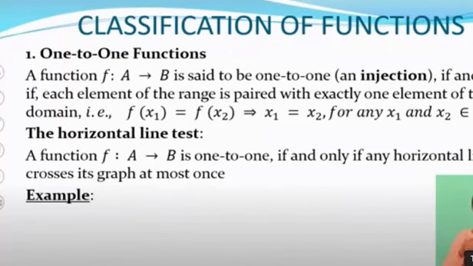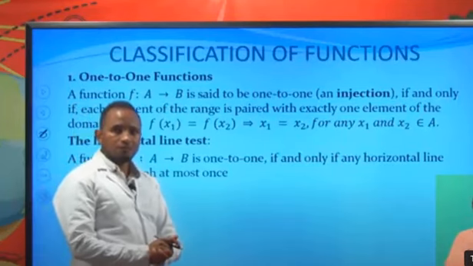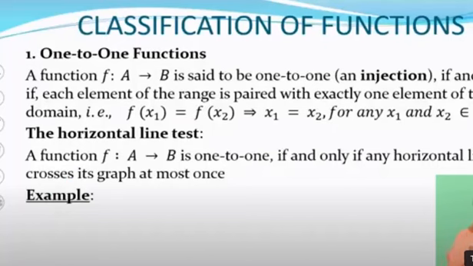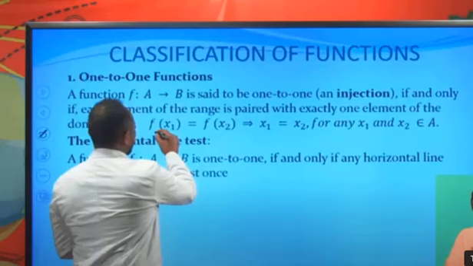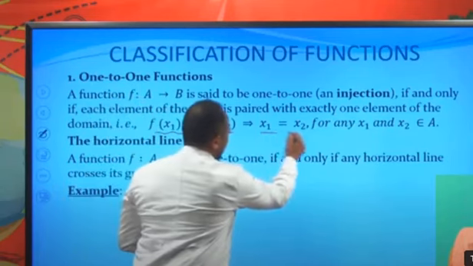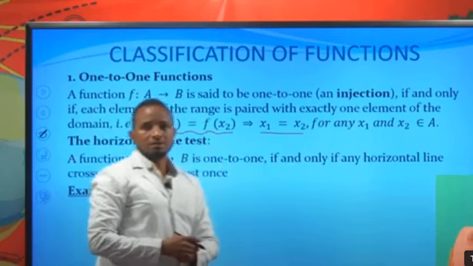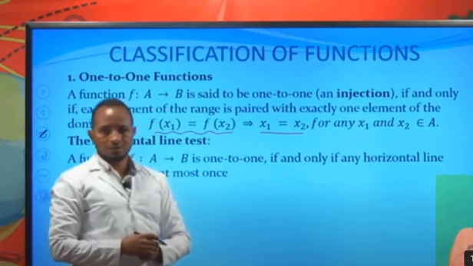Now let's see classification of functions. The first is the one-to-one function. A function f from A to B is said to be one-to-one or injective if and only if each element of the range is paired with exactly one element of the domain. Or in other words, if f of x1 is equal to f of x2 implies x1 is equal to x2, for any x1 and x2 in A, then we call the function a one-to-one function.